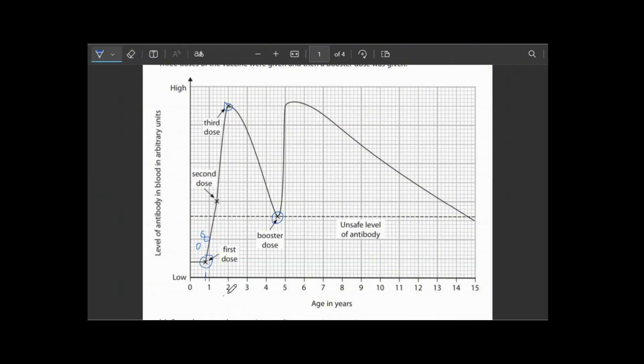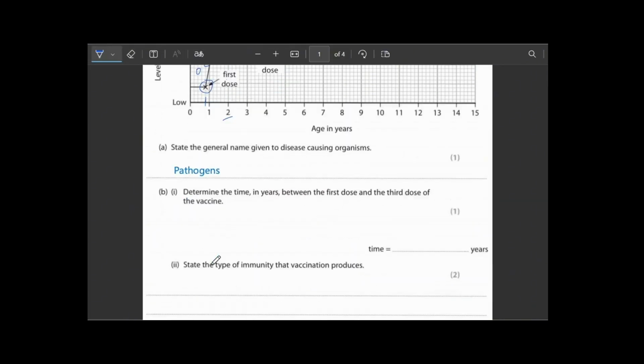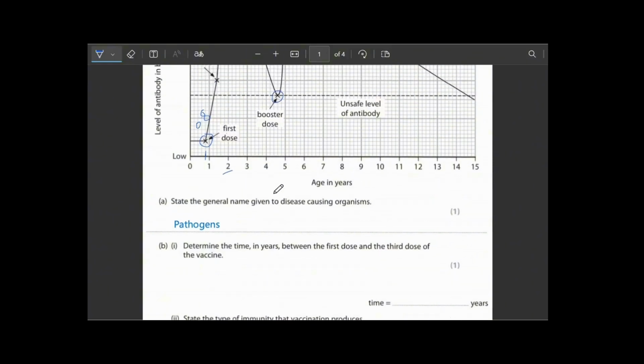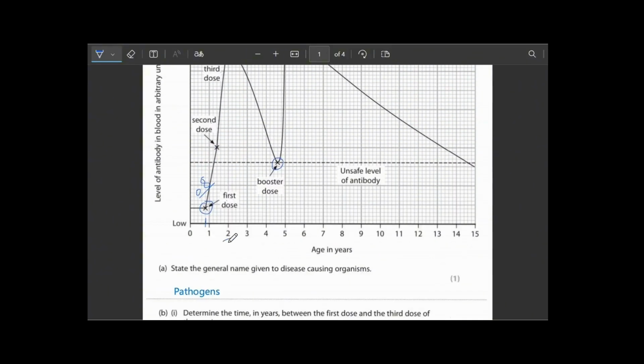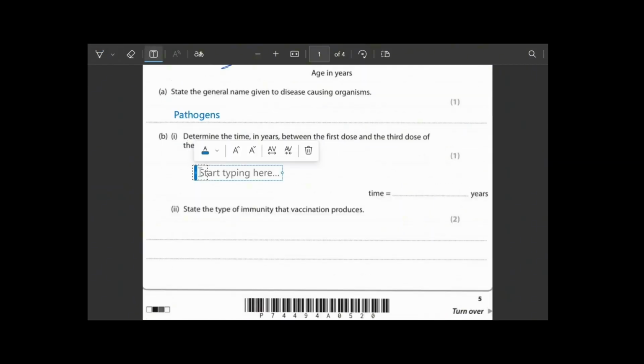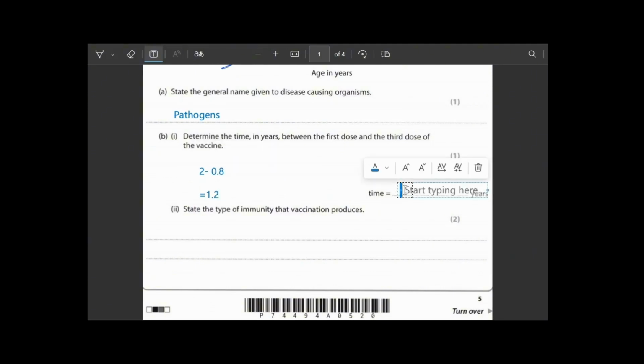So as you can see, the timing of the first dose is 0.8 and the third dose is 2. So the time will be 2 minus 0.8, which is going to be 1.2 years. So it is 1.2 years between the first dose and the third dose.